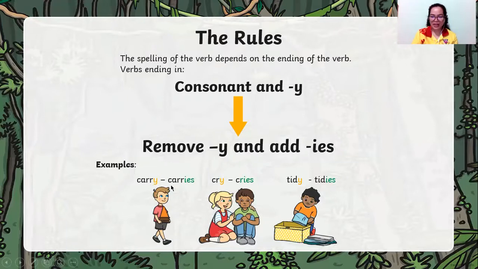So, carry becomes carries. Why? Carry ends with letter Y, and in our rules, we need to remove Y, and then we are going to put IES. So, carry becomes carries. Cry becomes cries. Tidy becomes tidies.